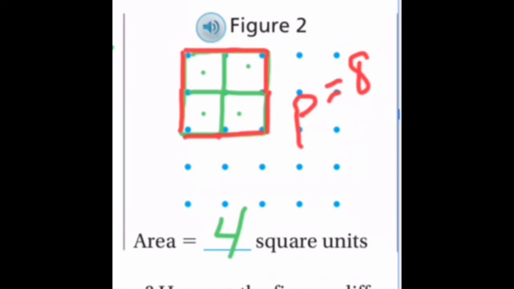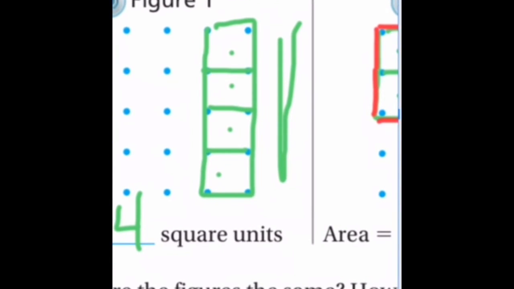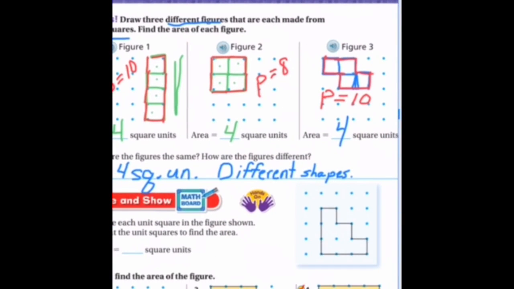Okay, then remember, perimeter is the distance all the way around the object, right? And this one has a perimeter of 1, 2, 3, 4, 5, 6, 7, 8, 9, 10. It has a perimeter of 10. So 2 of them had a perimeter of 10, but one of them just had a perimeter of 8. And we'll look into that a lot closer in a later lesson.